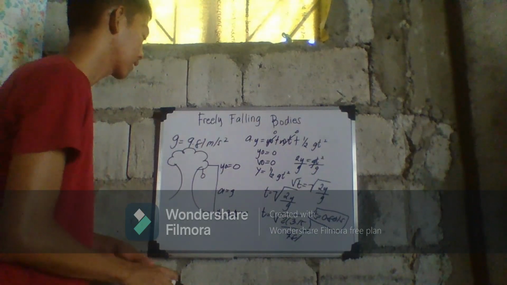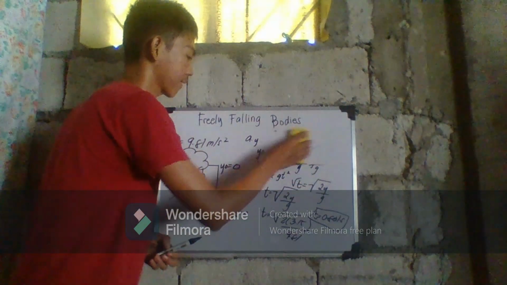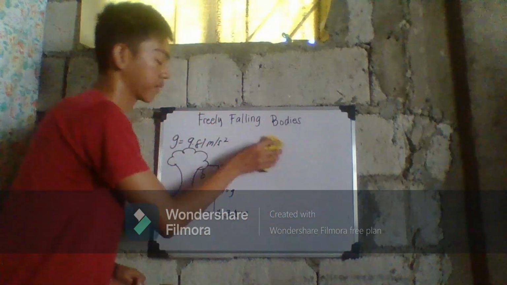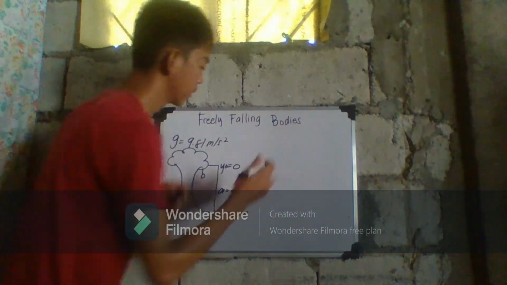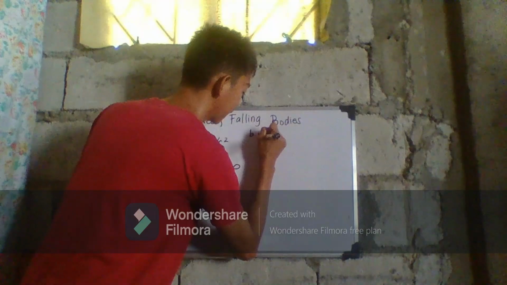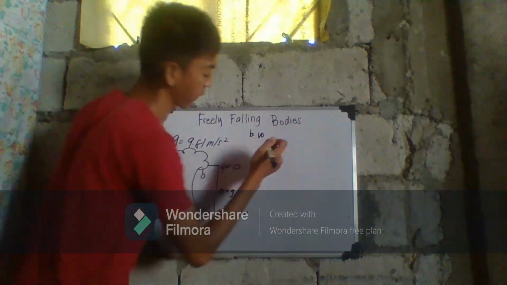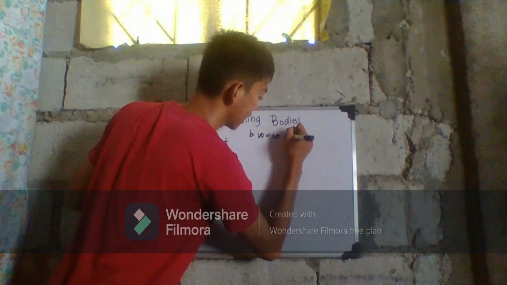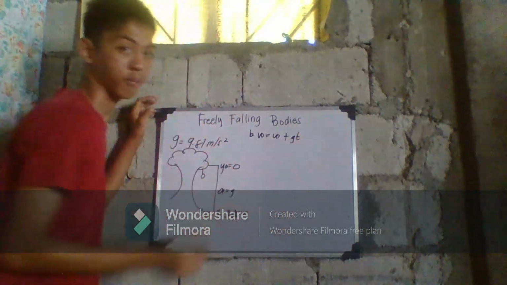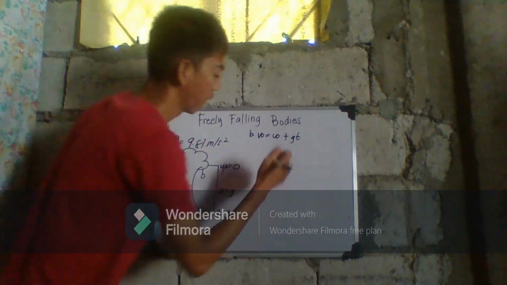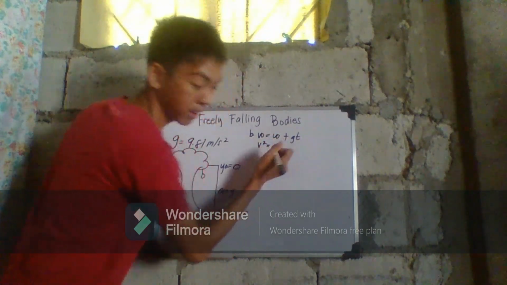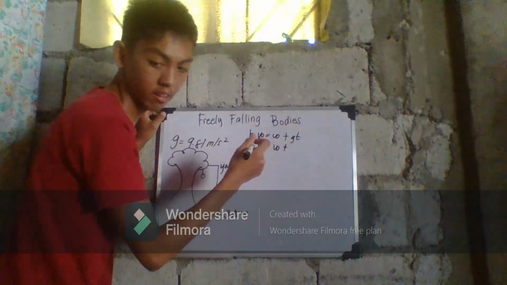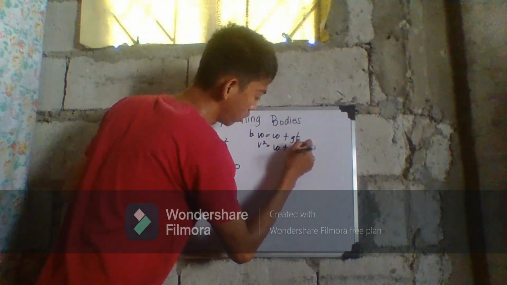So, let's go again to letter B. Letter B. v equals v sub 0 plus gt. So, v squared equals v sub 0 squared plus 2gy.